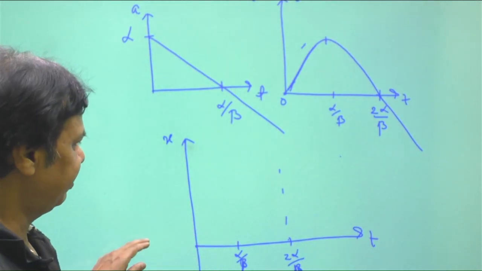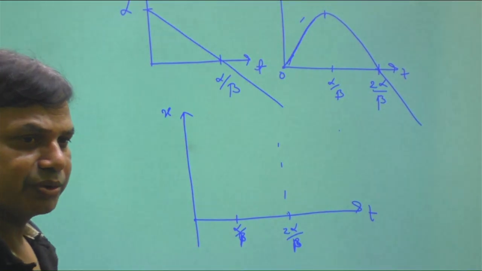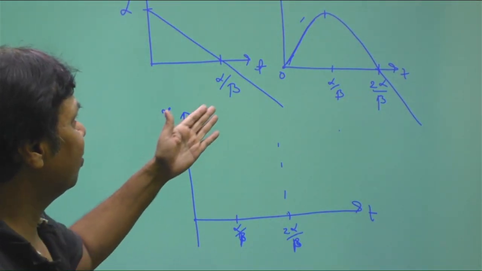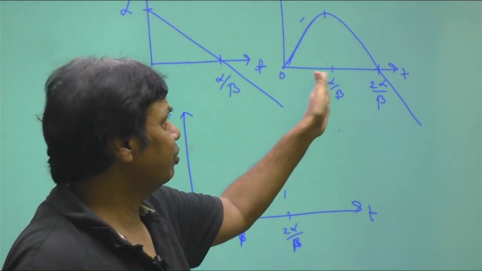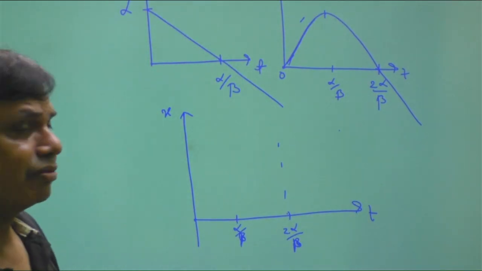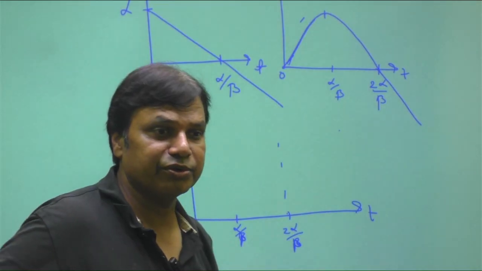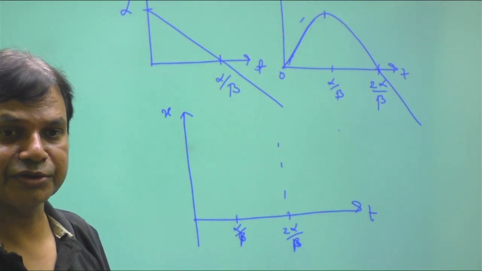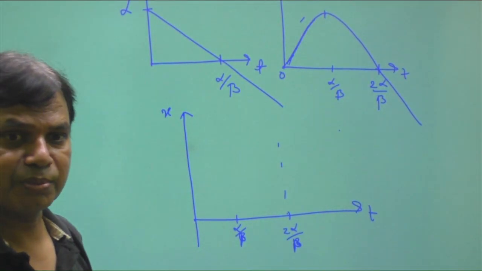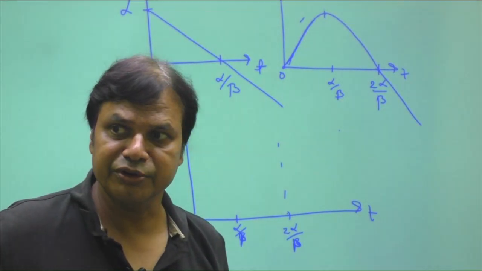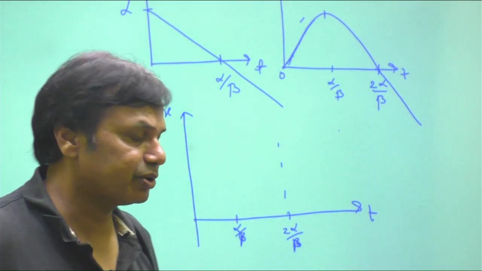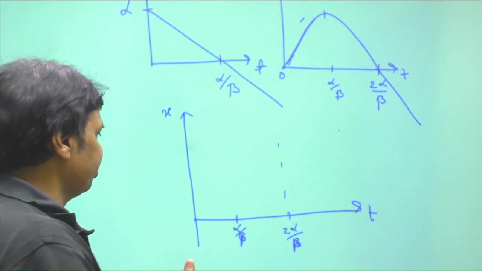And then I can do a few things, because I know between 0 to alpha by beta velocity is positive. So that means x is increasing. Velocity is positive, that means dx by dt is positive. So x is increasing with respect to time. So x keeps on increasing.